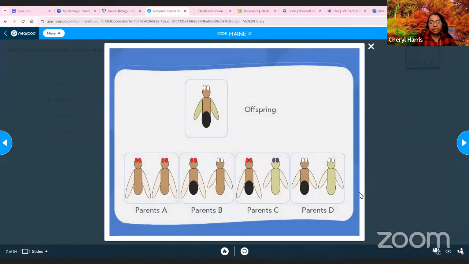All right, so we all picked D. What we're really looking at is all the characteristics that the offspring has. They have white eyes, and both of the parents in D have white eyes. They have brown bodies, but the offspring has green arms. The only way it could have green arms is if it had the body parts from parent D. They both seem to have a little black tail, and that they got from one of those parents as well.